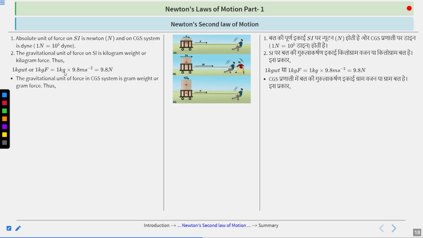The gravitational unit of force in the CGS system is gram weight or gram force. Thus, 1 gram weight, or 1 gF, is equal to 1 g into 980 centimeters per second squared, which is equal to 980 dyne.